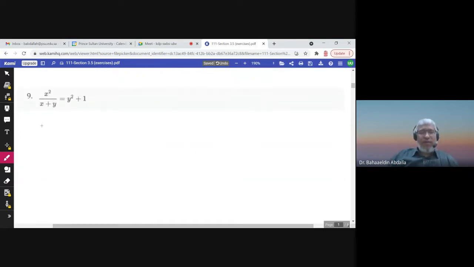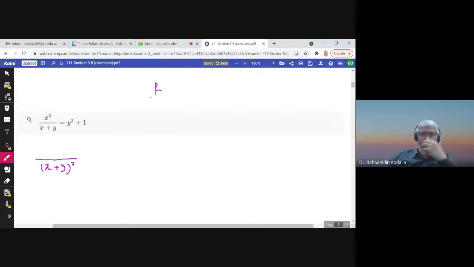Well, here I have a quotient, so I'll use the quotient rule. If you remember the quotient rule, to find the derivative of f over g, you write g squared here, and then f prime g minus f g prime.